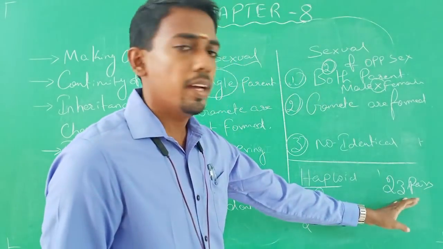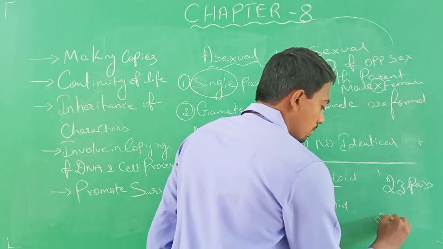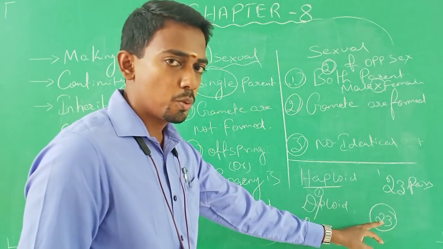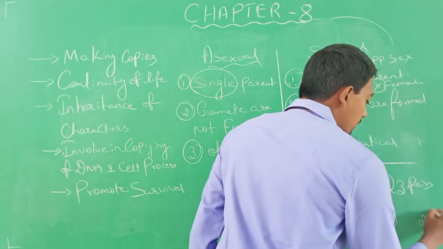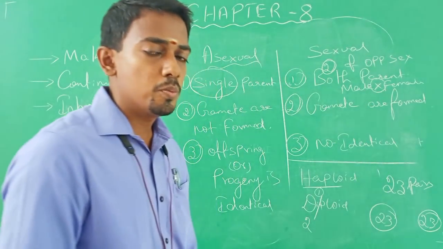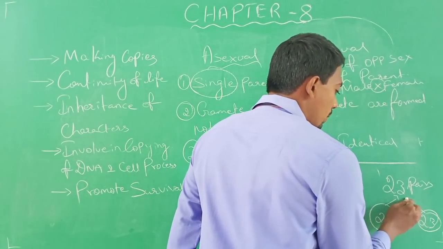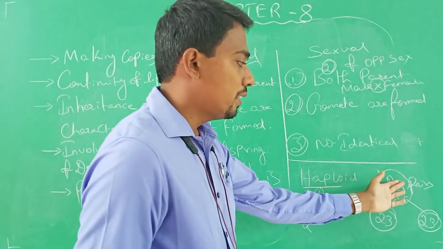This 23 pairs, from where did we get it? Father has given 23 chromosomes through sperm cells and mother has given 23 chromosomes through ova. This 23 and this 23 combine to form 23 pairs.